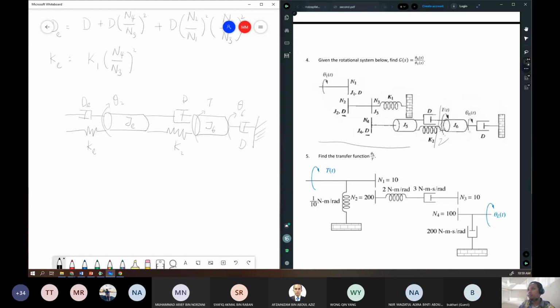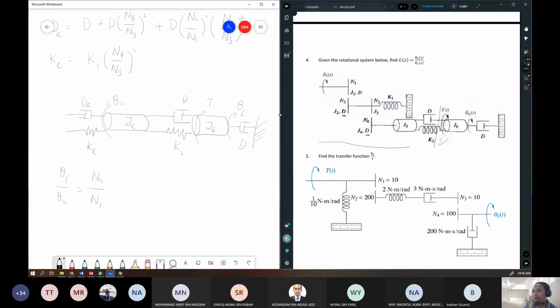Okay, we have theta 2, but the question wants theta 1. So we have to convert theta 2 in terms of theta 1. Theta 1 over theta 2 equals, sorry, the formula is N2 over N1. But theta 2 is here, theta 1 here, so you have to multiply by the gearing.